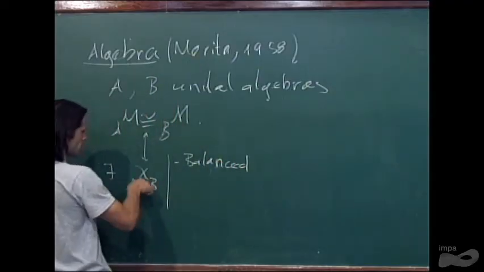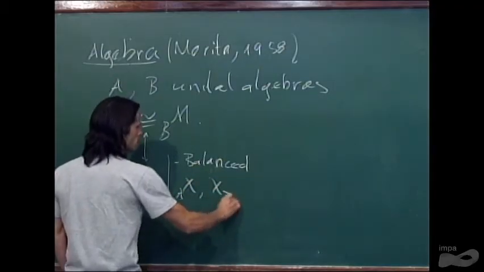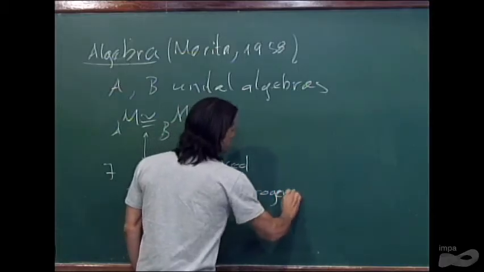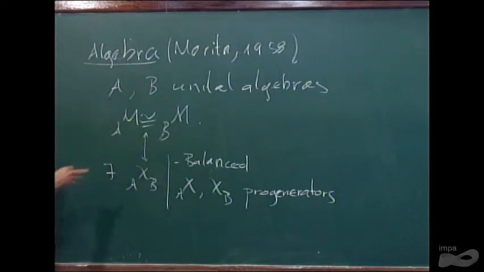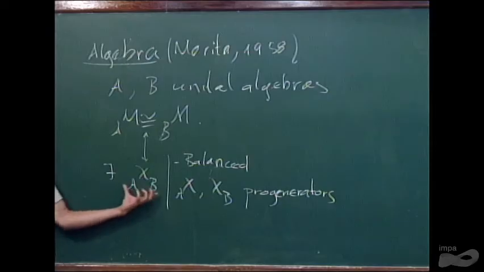And if you look at each module, over A and over B, they have to be progenerators. Again, don't worry if you are not familiar with these notions. The point here is that the idea of equivalence he was introducing is established by a certain type of bimodules.